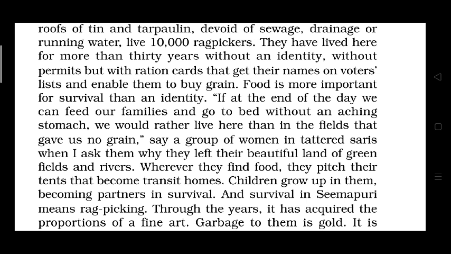This ration card also they got with the help of some politicians to get their names on the voters list so that they can cast their votes, and these politicians can come in power. That is what politicians care for, and they also do not care for more than the food they get because of those ration cards.